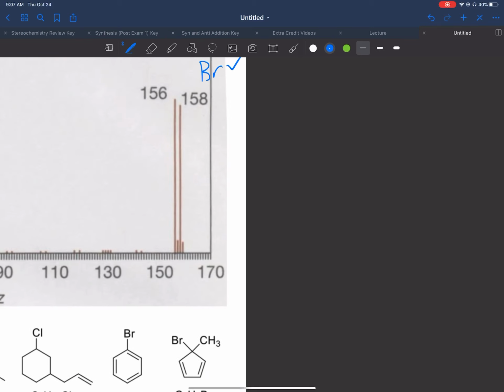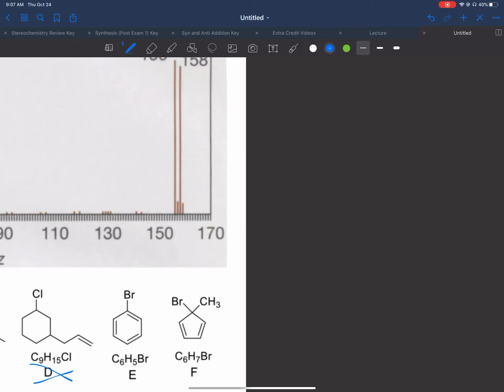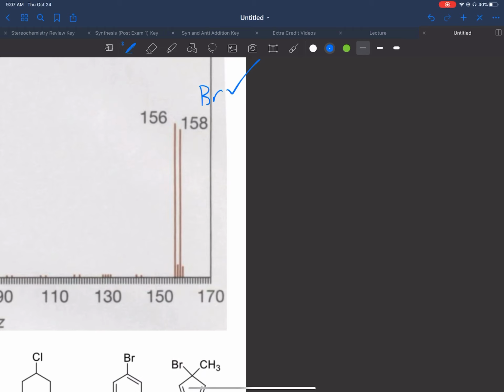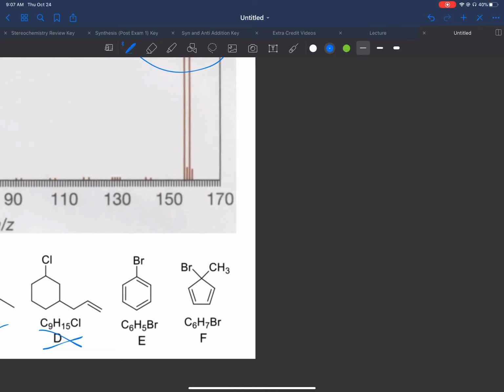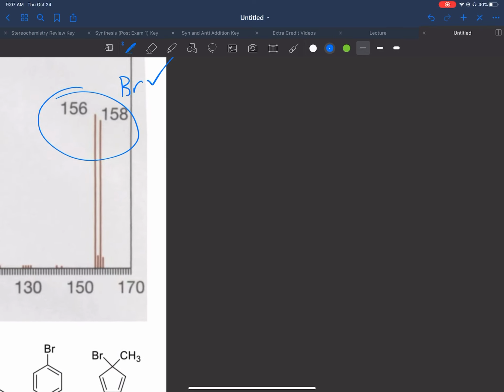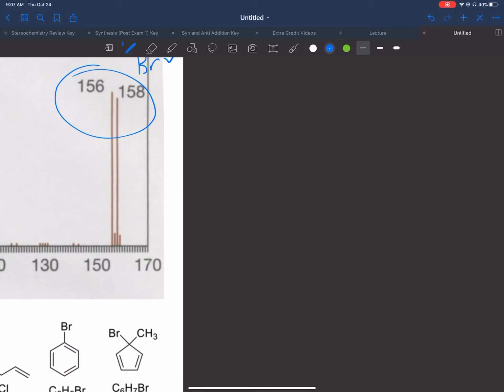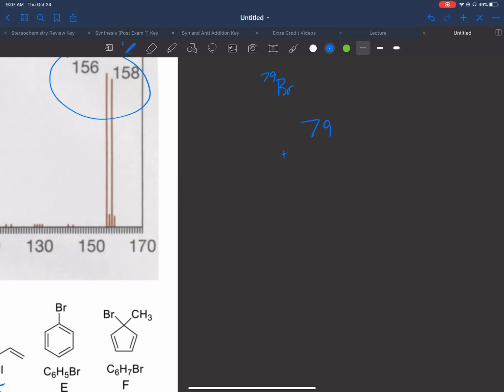So we want to find which of these structures, E or F, corresponds to 156 or 158, and you'll get either of them depending on if you pick the lower mass isotope or the higher mass. Up to you which one you want to use. I'm going to pick the lower mass isotope, so that's Br79. So 79, plus let's do E first.